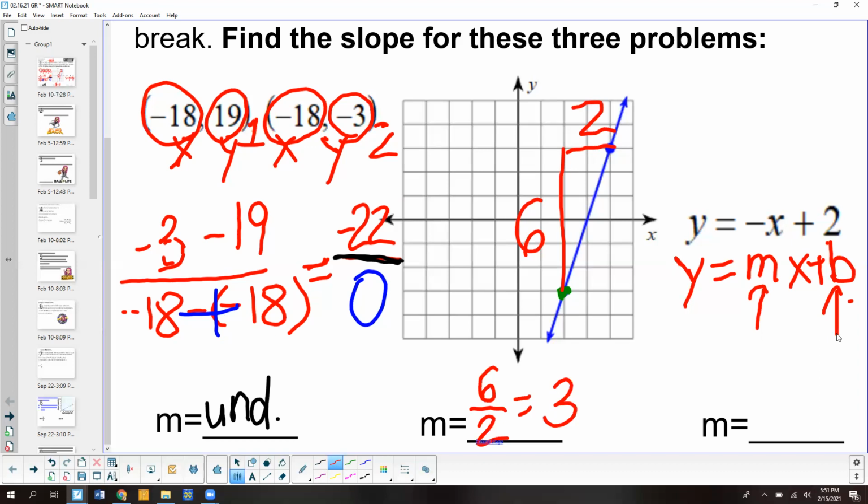So if it says find the slope, we just want to figure out that number that comes before the x. So in this case, we've got negative. Well, if we've got a -x, remember whenever you have x by itself like that, there's just an imaginary 1 in front of it. So our slope in this case is going to be -1. If they asked us for our y-intercept, then we would just pick +2.